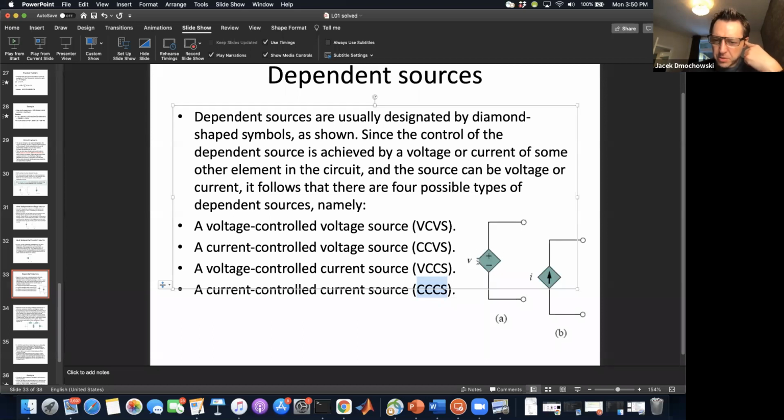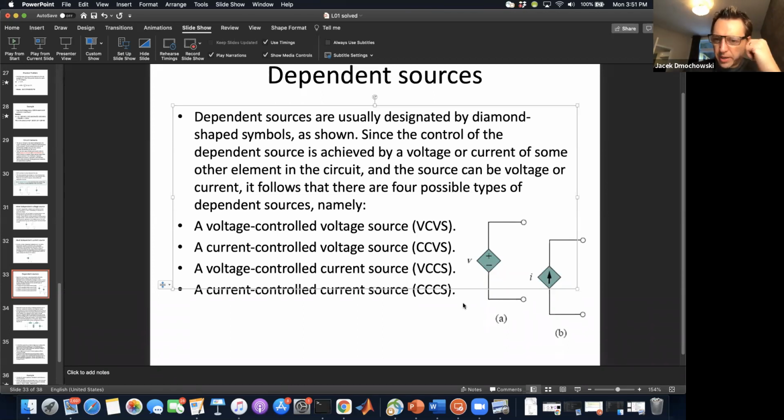So first of all, dependent sources are depicted with these diamonds. Whenever you see a diamond, that means this is a dependent source. To get its value, you have to analyze the whole circuit. That applies to both current sources and voltage sources. Now, the way you know whether it's a voltage source or a current source is that a voltage source will have a plus and a minus terminal, whereas a current source will just have a current arrow.